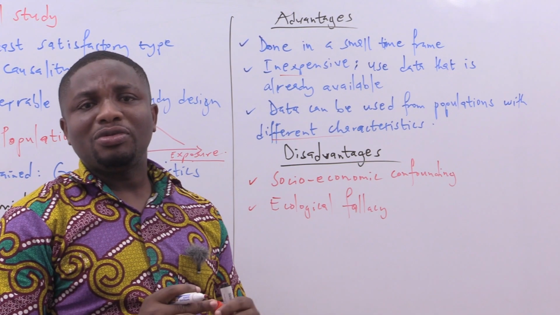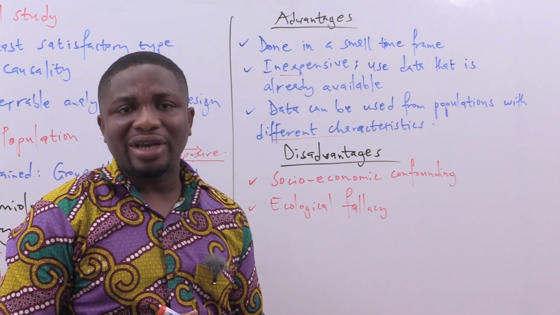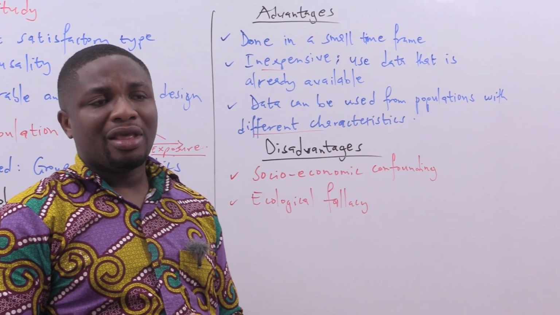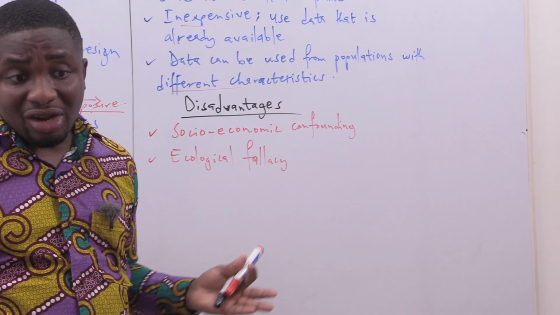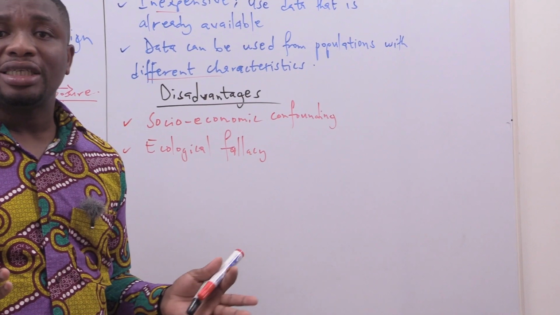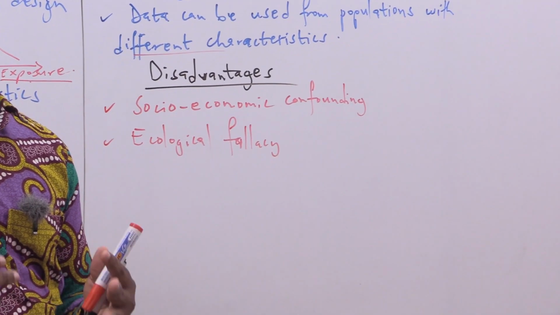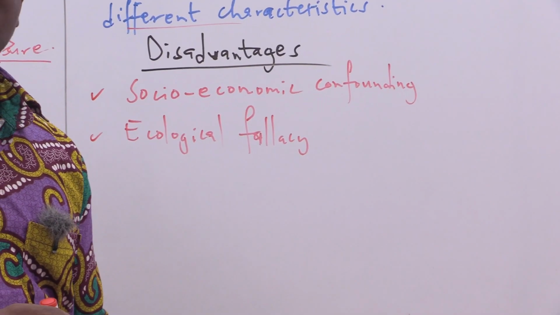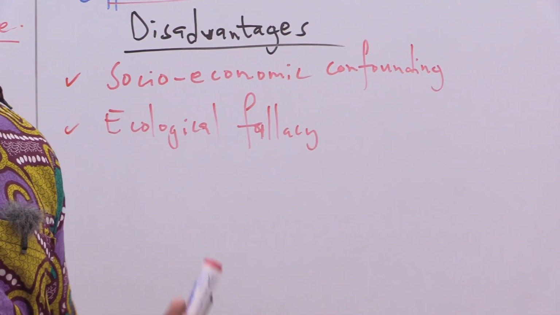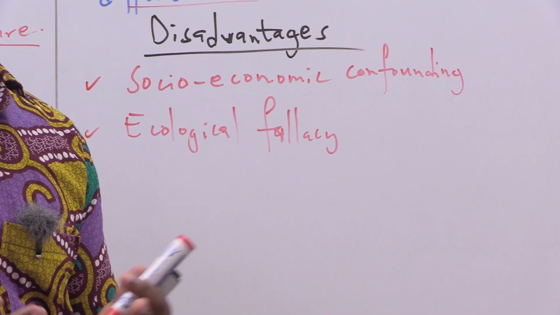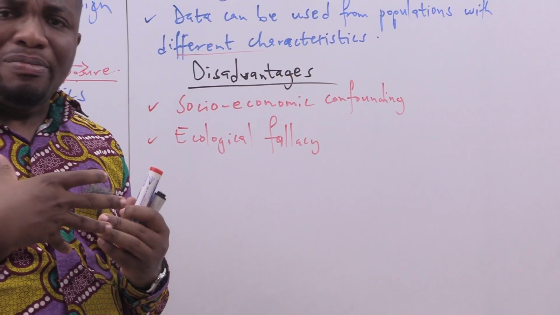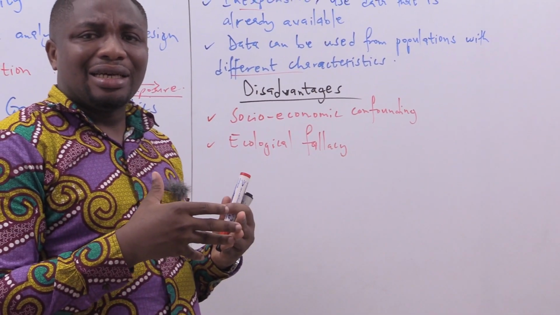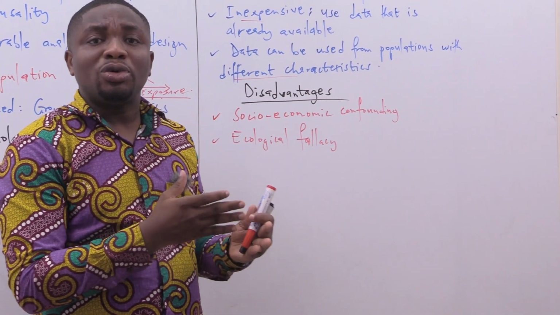All right. Let's move ahead and talk about the disadvantages of ecological study. For the disadvantages, the first one is that there's potential of a problem. Which problem are we looking at? The socio-economic confounding. It means that the presence of socio-economic factors, socio-economic vulnerabilities, may create a positive association between exposure and outcome.